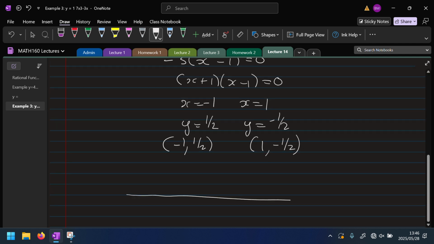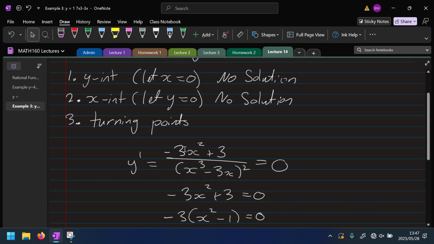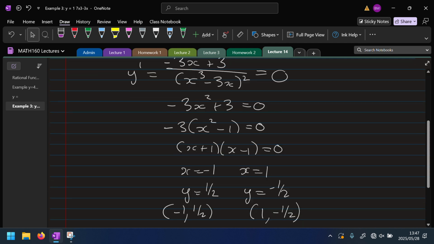Okay, so let's look for intervals of increase and decrease. So we've got 1 turning point here at minus 1, and another turning point at 1. What happens in between there? So before minus 1, we look back at the derivative. If we substitute something smaller than minus 1, we get a negative answer, so we can just put a minus.